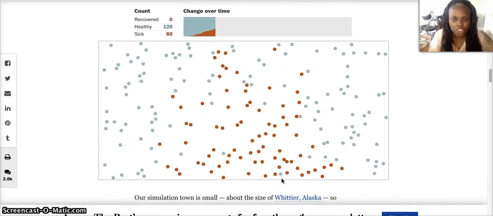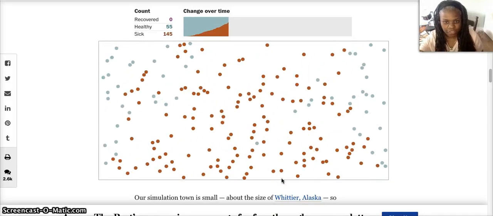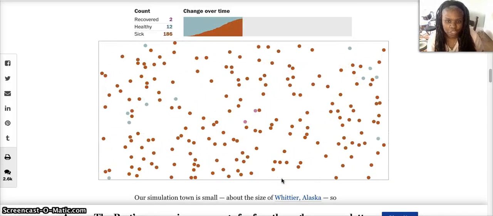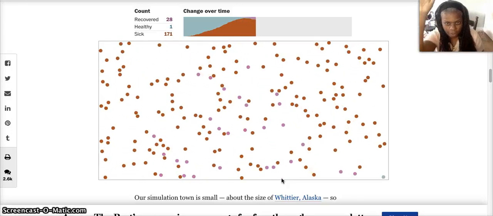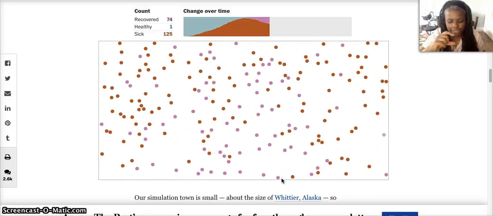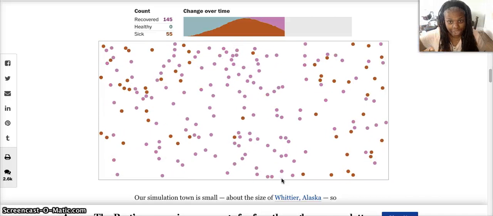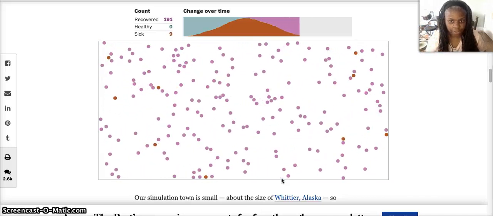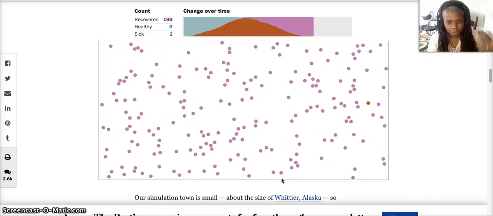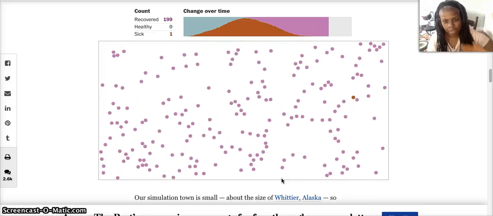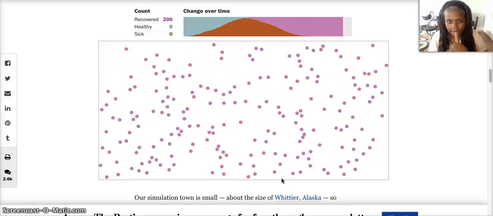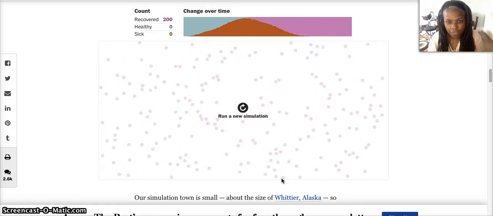We just talked about this having an exponential effect, and it does, but you're not going to see it go on forever and ever, because people will get sick, and then they will recover. And we don't have an infinite number of people in the population. So in this 200 people situation, you just saw the dots moving close together and people getting sick, and then we have this pretty high hill.